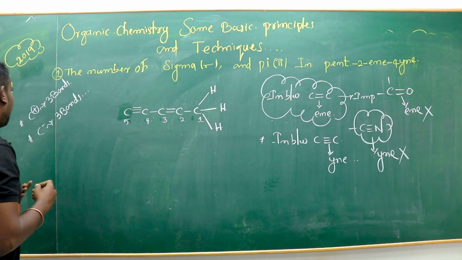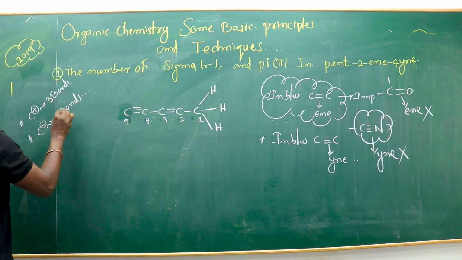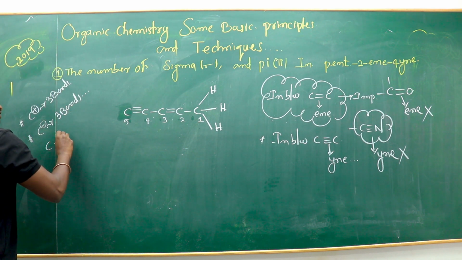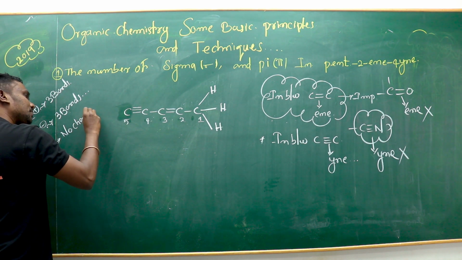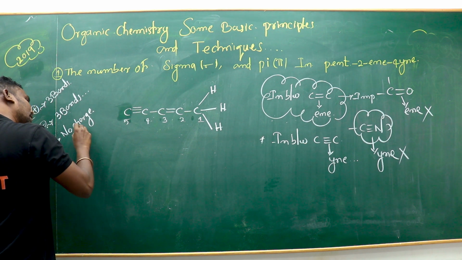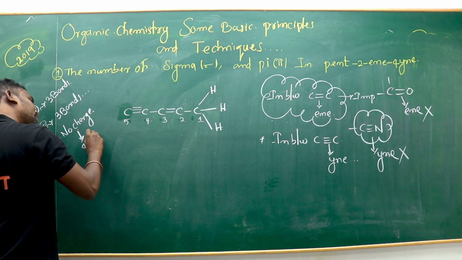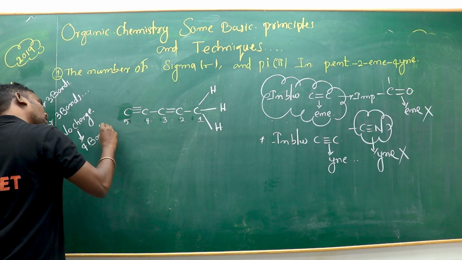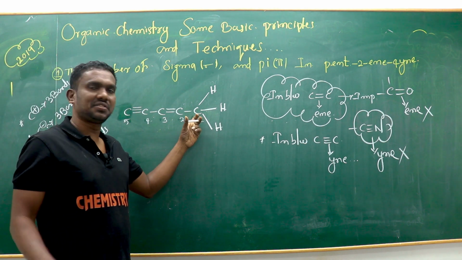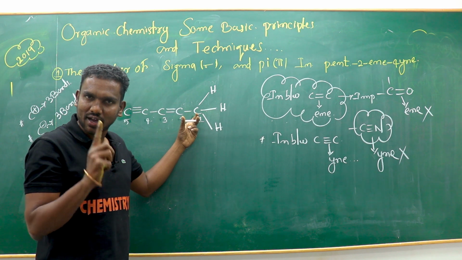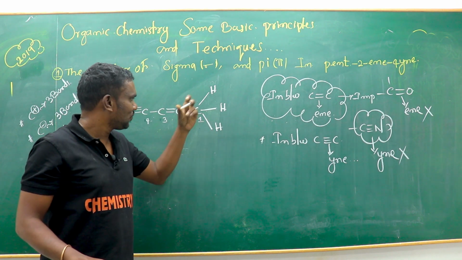If negative charge, 3 bonds. If no charge, in that case 4 bonds, beta ji. How many bonds? 4 bonds. Since no charge appeared, that is the reason for 4 bonds.